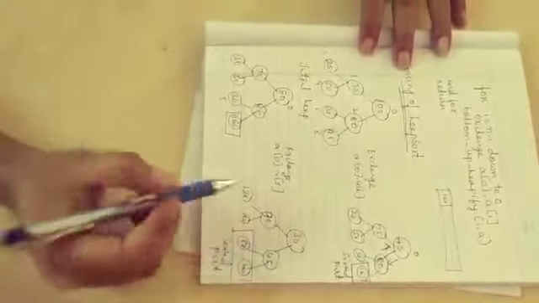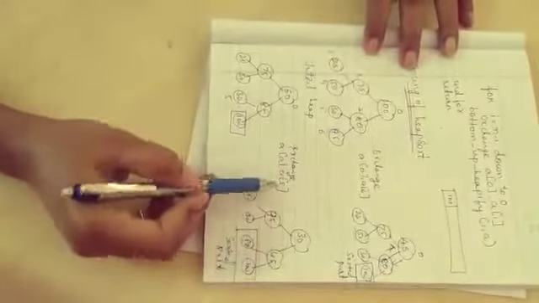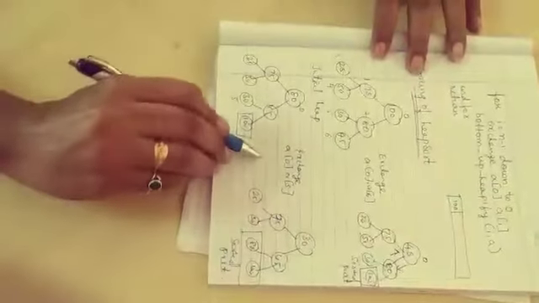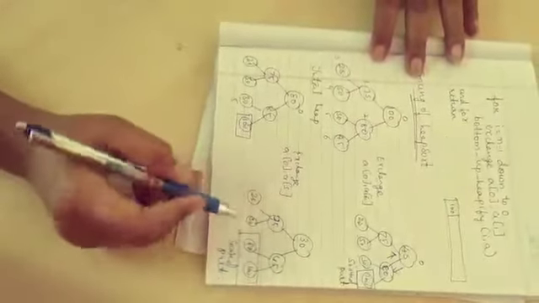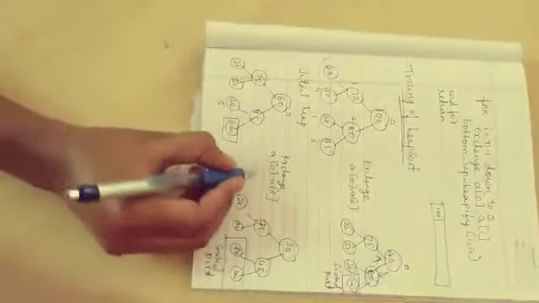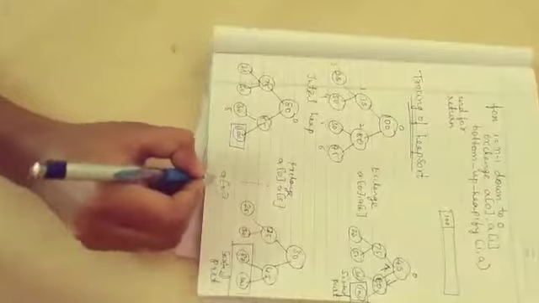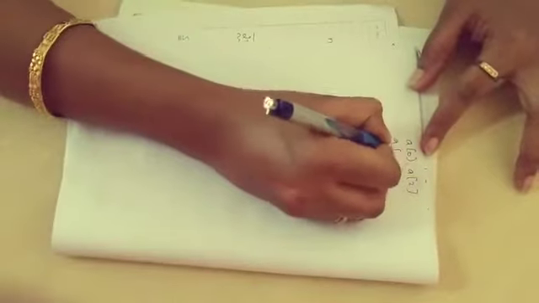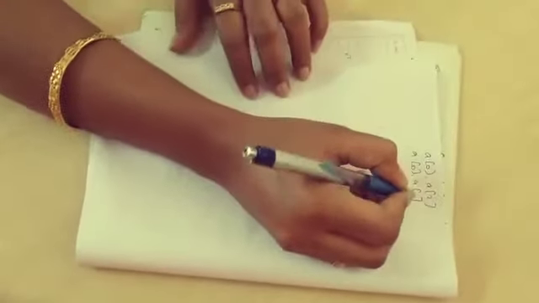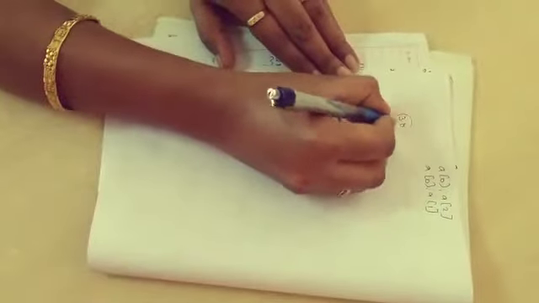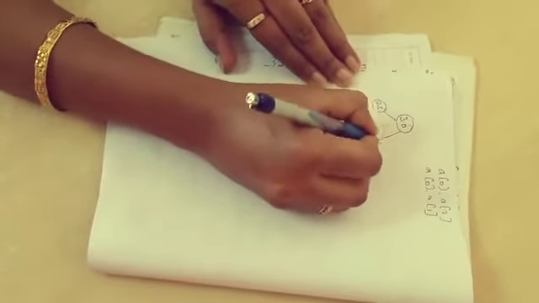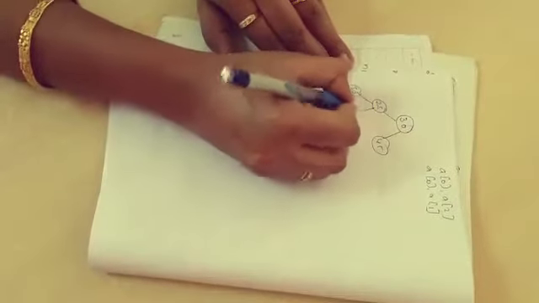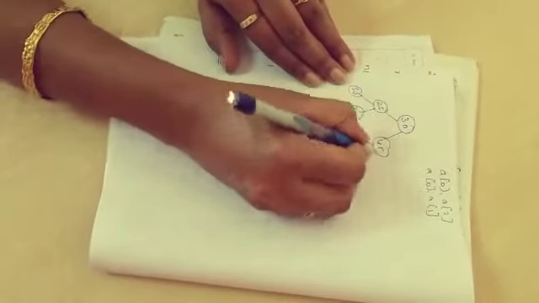Next, what is the next step? You have to exchange a of 0 with a of 4, a of 0 with a of 3, a of 0 with a of 2, a of 0 with a of 1. At the last step, when you exchange this, you will be getting 30, 25, 45, 50, 75, 80, 100.